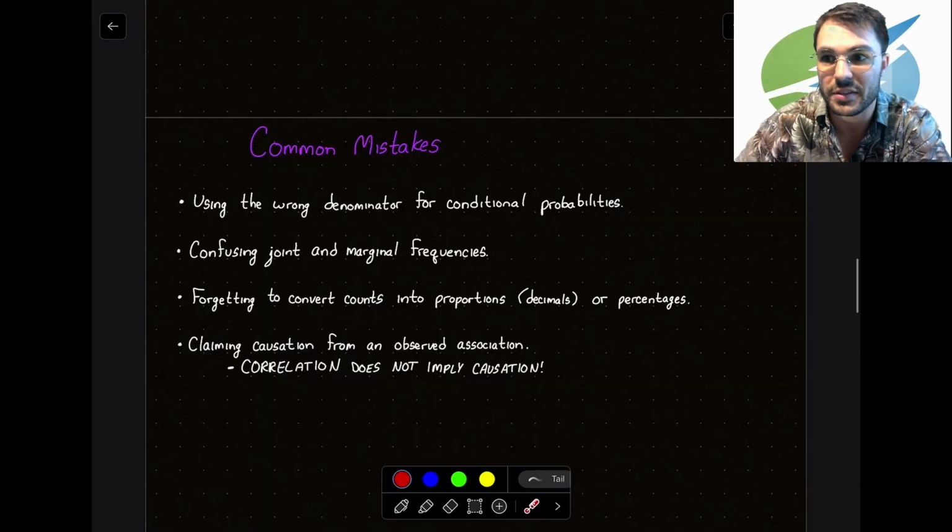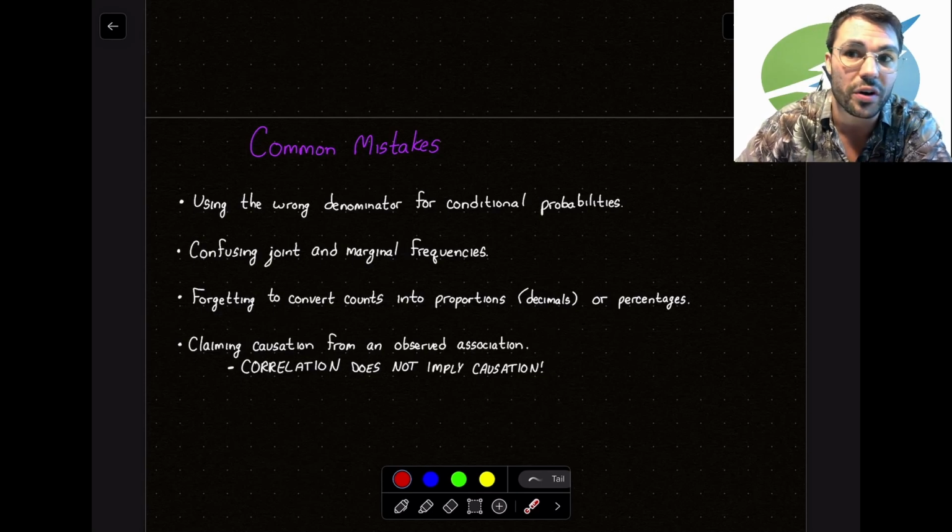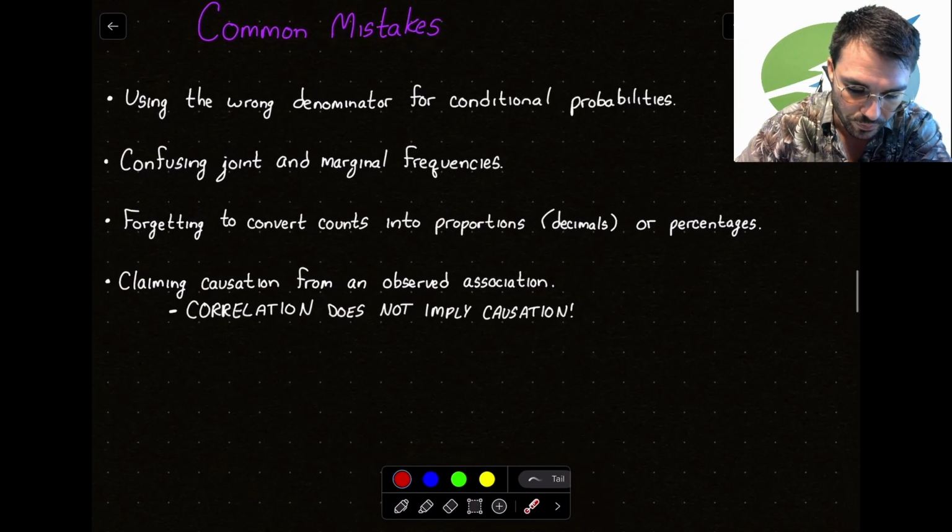You could say 1 out of 25 students are taller than 6 feet, but you could also say 4% of students are taller than 6 feet. They convey the same message, but sometimes it's not as obvious when talking about fractions. Either way, just remember we want decimals or percentages.